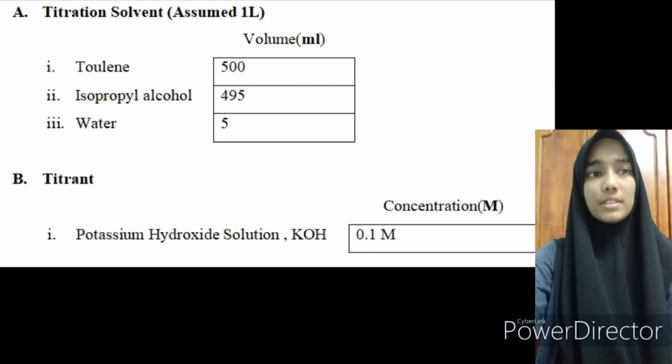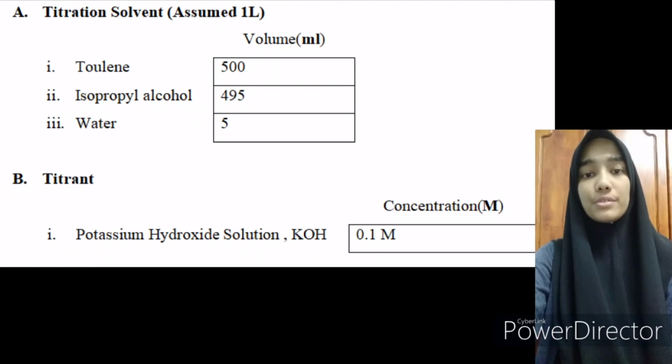Next is the titrant. The titrant used is potassium hydroxide solution, KOH. The concentration used for the potassium hydroxide solution is 0.1 molarity.